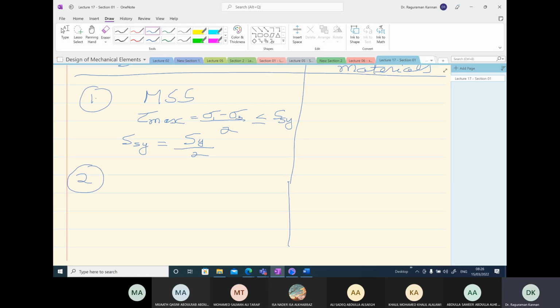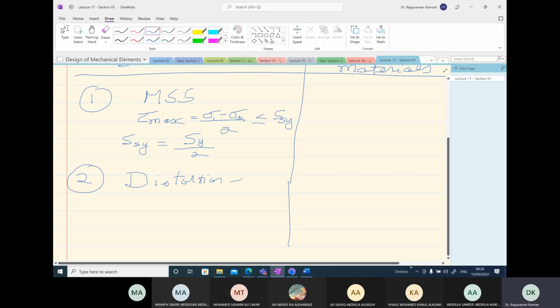Again, maximum shear stress theory, and then there is the distortion energy theory. This is the most important theory, and all your finite element software print out what is called the von Mises stress, and this stress comes out from distortion energy theory.